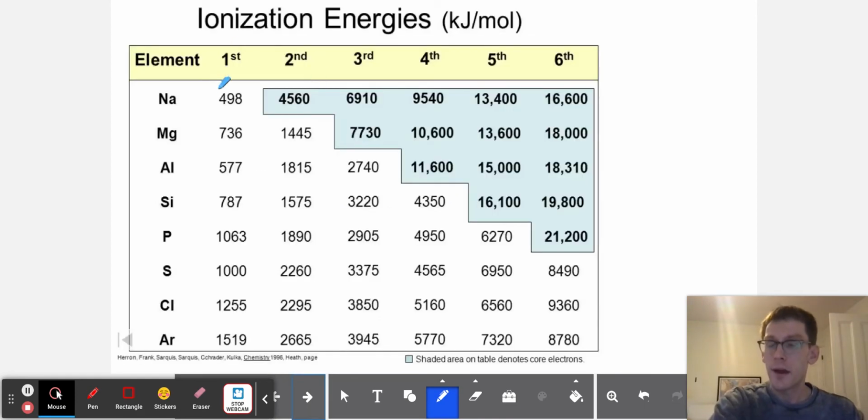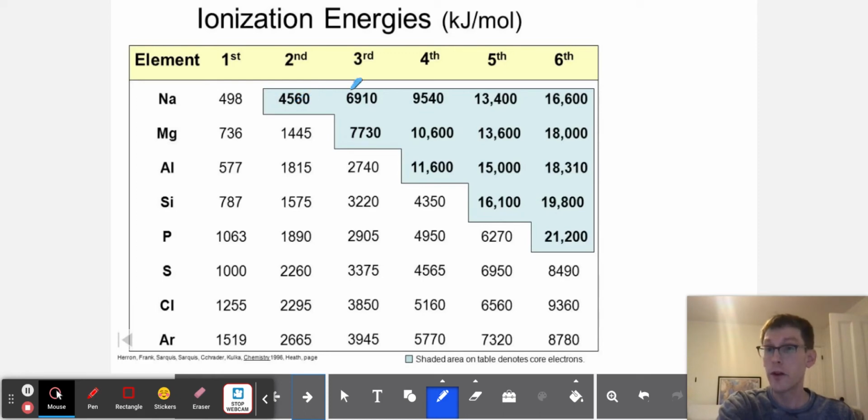Now, if we look at this chart, we have the first, second, third, fourth, fifth, and sixth ionization energies of several elements. So sodium, with 1 valence electron, its first ionization energy is very low. But the second ionization energy is about 9 times as high, which makes sense because that second ionization energy requires removing an electron from the core shell.